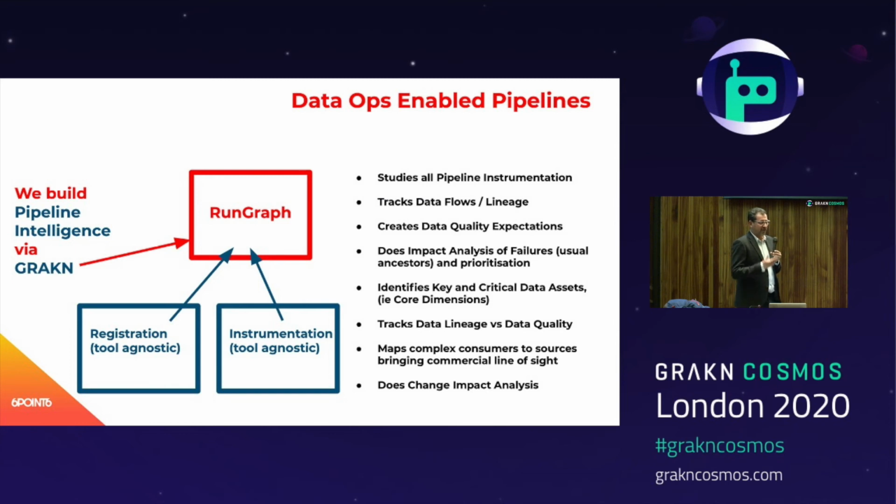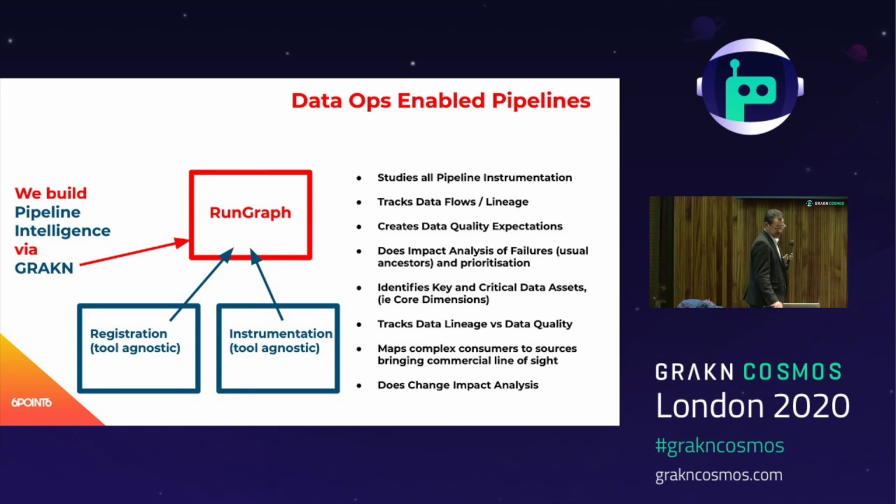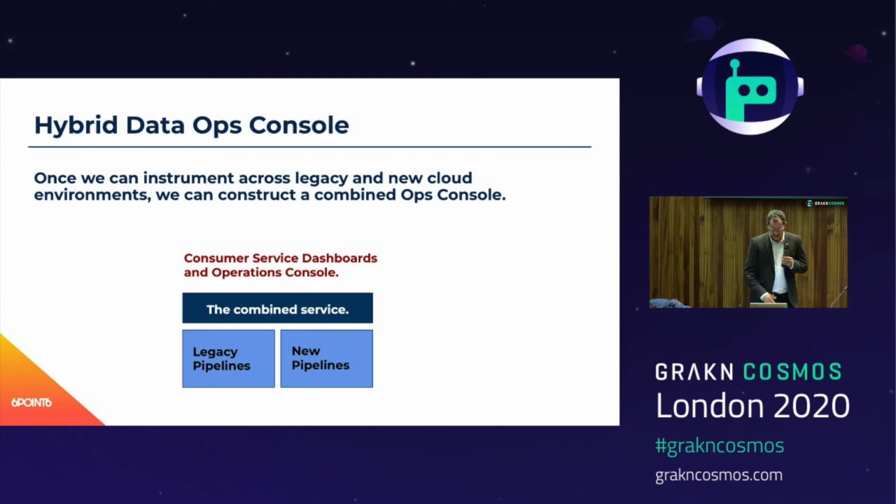The $1 million failure that gets you fired is at the top of the list because you can see right away it affects all of your consumer systems. So again, to summarize, it is a combined ops console for a combined service that is heterogeneously created from legacy and new pipelines.